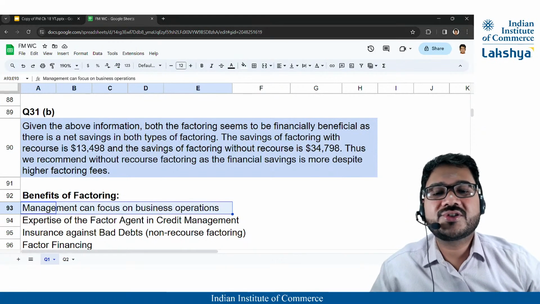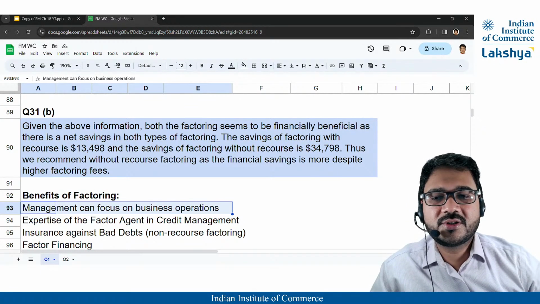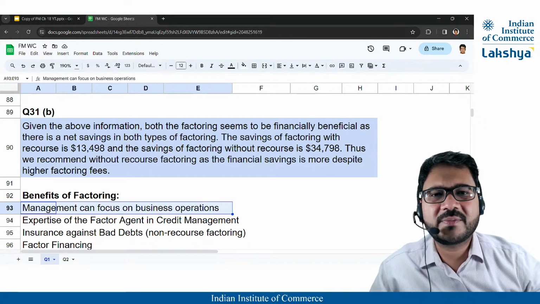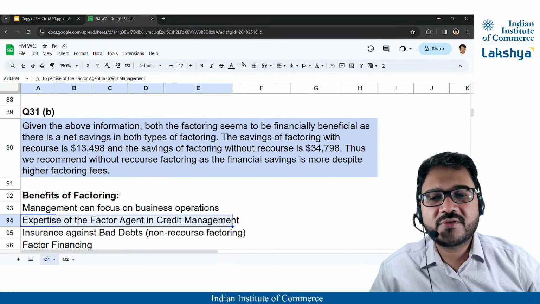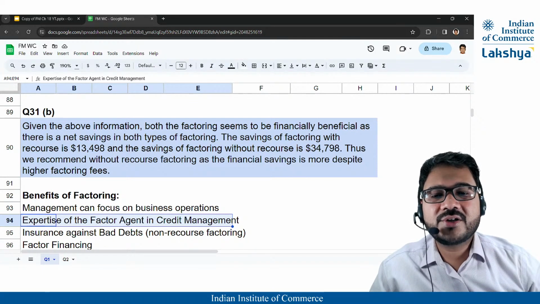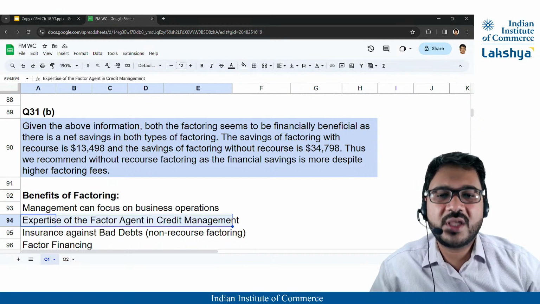Expertise of the factor agent in credit management. So why are factor agents expert in credit management? Because this is what is their focal. This is expertise of the factor agent on credit management because they are into the business of credit management and they are better and have more experience in credit management or credit risk management than us.